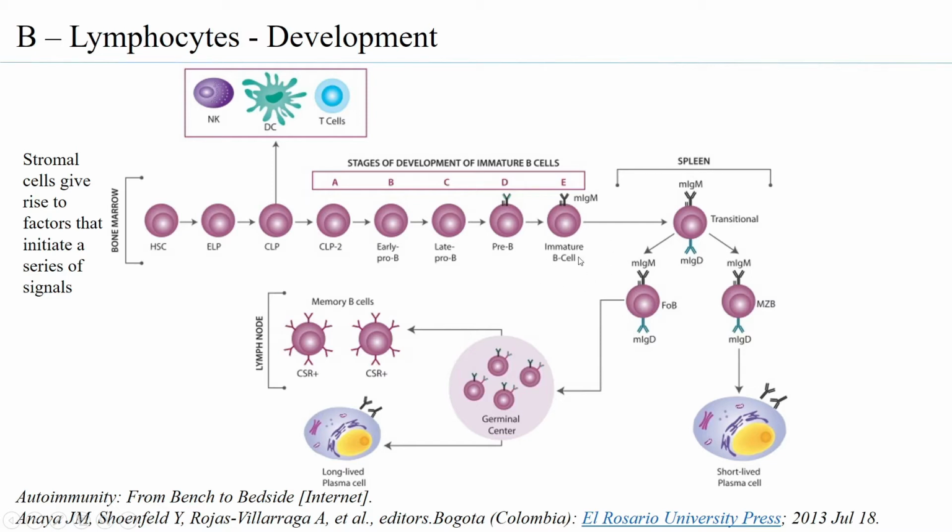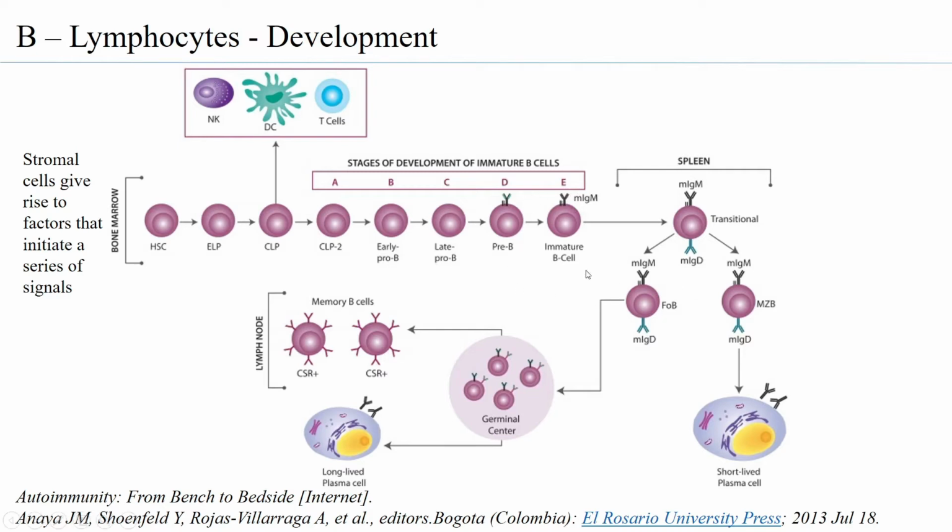These immature B cells now have the B cell receptor present. So it evolves in such a way that it gives rise to formation of a B cell receptor. And the B cell receptor is something that is markedly present in any B cell.